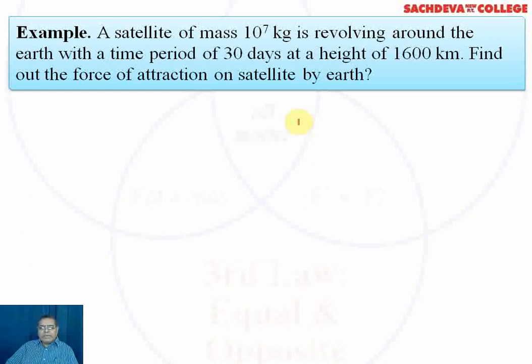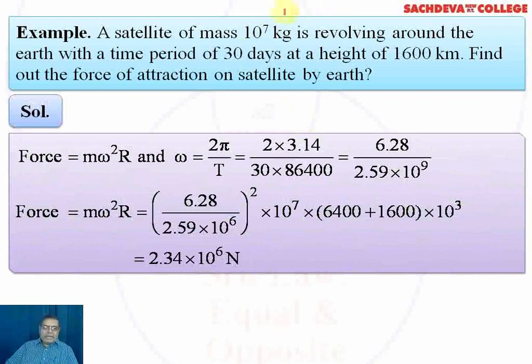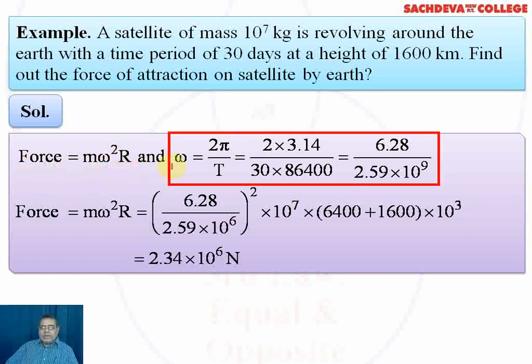We have to find the force of attraction on the satellite. In the actual calculation, the force is mass into acceleration, and acceleration is omega square r. And we know that omega is 2 pi over time. Now we compute the values: 2 multiplied by pi, where pi is 3.14, and time is 30 into 86,400, converted to seconds.